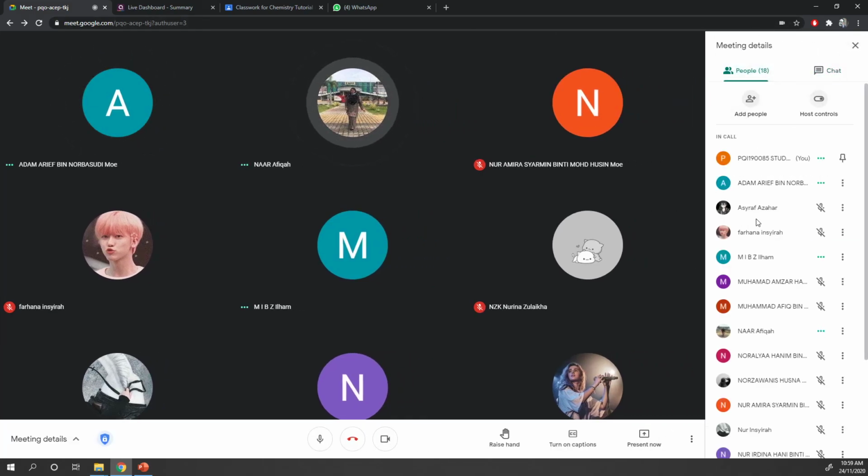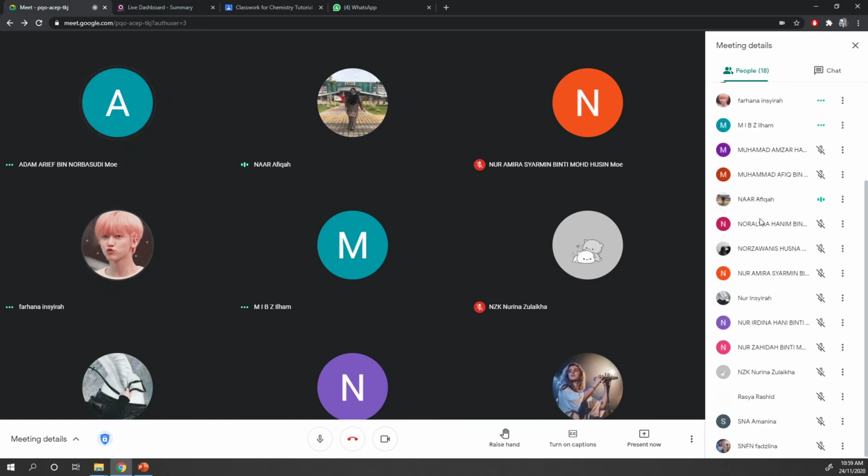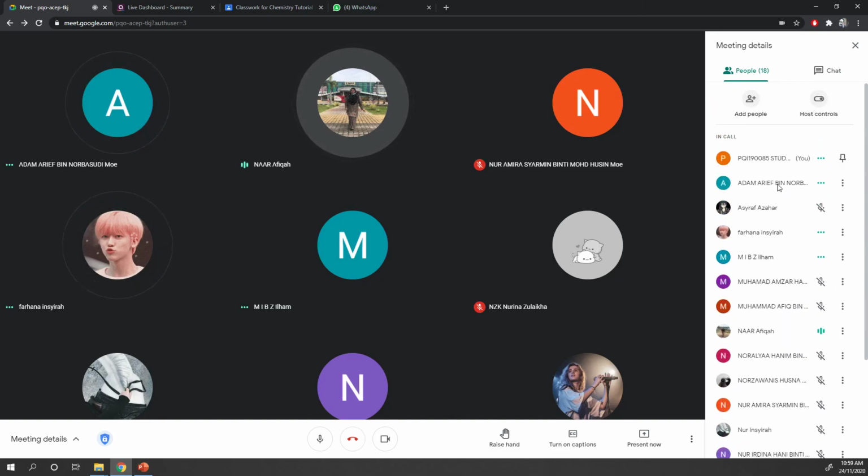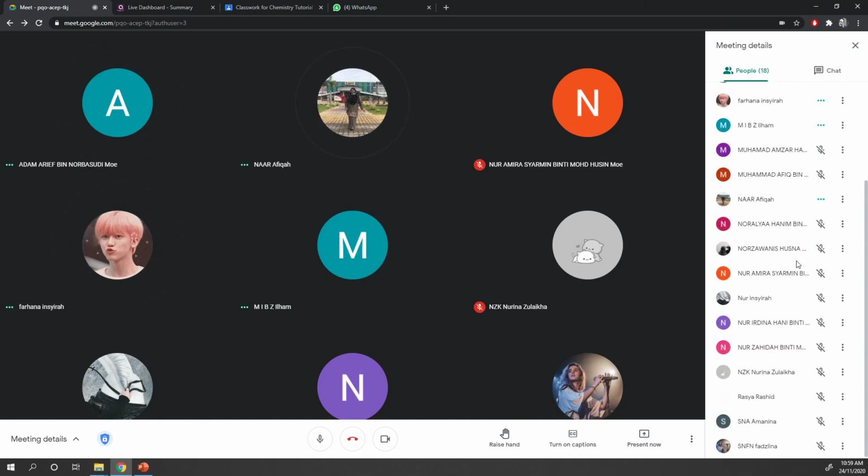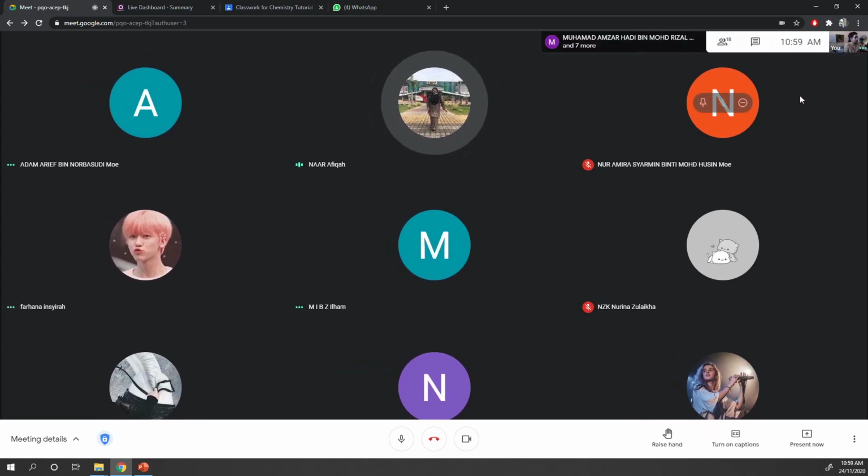Kau tak ada kan? Siapa? Anissa. Anissa lagi. Amisha. Kan aku tak ada kan? Tak ada. Ada kan? Dia tak sihat. Dia tak masuk kelas hari ni.